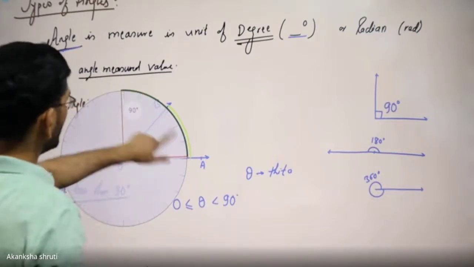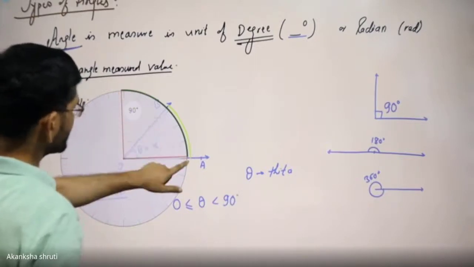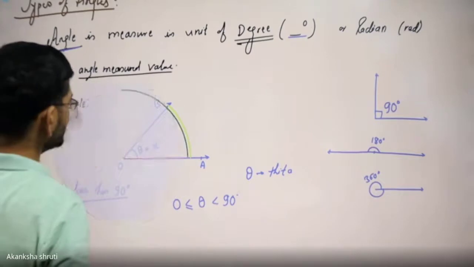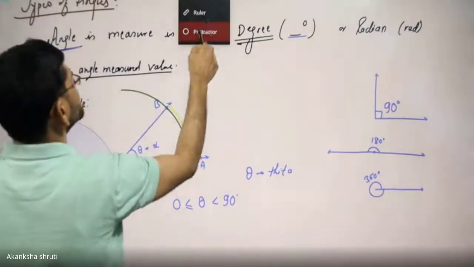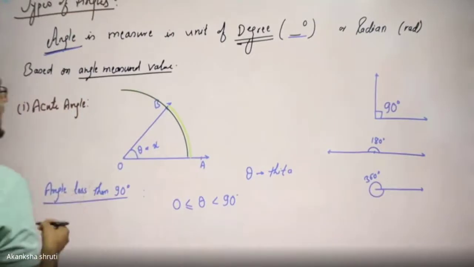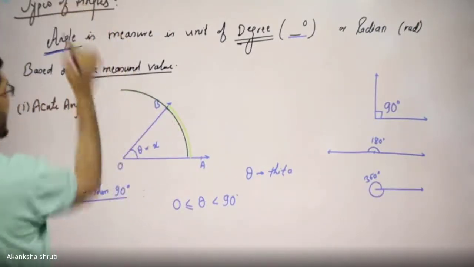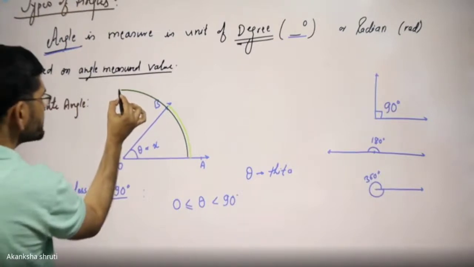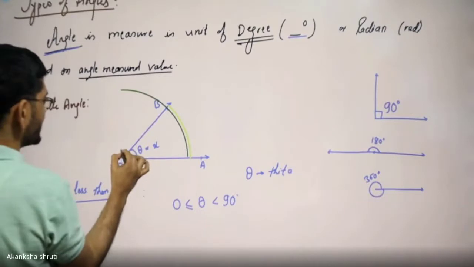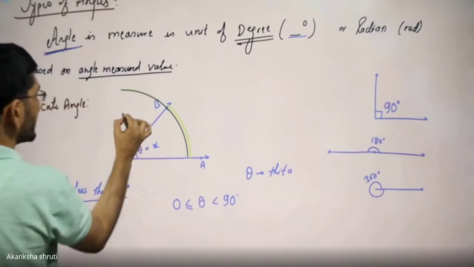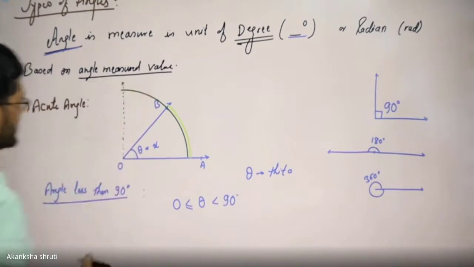Means any angle in between this 0 to this 90 will be considered as acute angle. Therefore, this ray OB can go just before this 90 degree, means OB can be extended up to this much. Yeah, students.